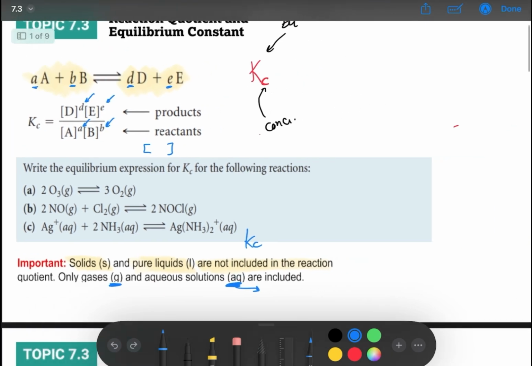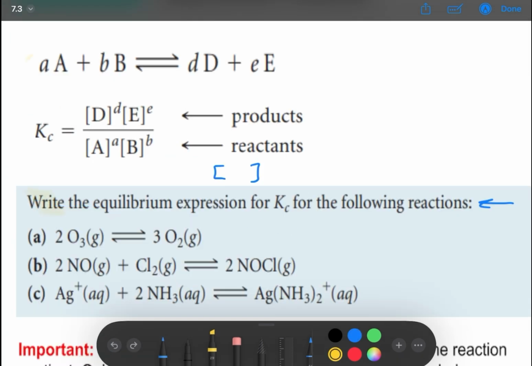Now, how can I solve this example above? The question says, write the equilibrium expression Kc for the following reactions. First of all, you have to check: do I have gaseous or aqueous species? Okay, it works. Now Kc is equal to products over reactants. The product is oxygen, so we put it in a square bracket: O2. Since the oxygen is multiplied by 3, this coefficient means it is raised to the power 3.